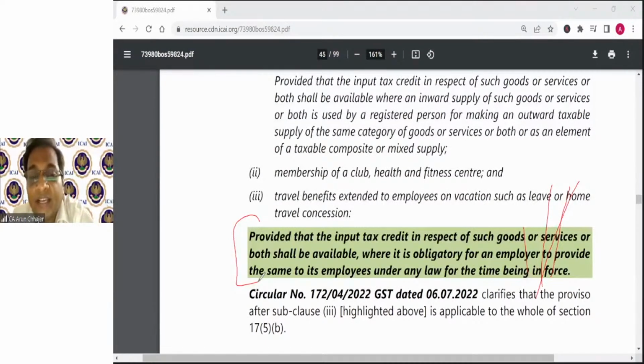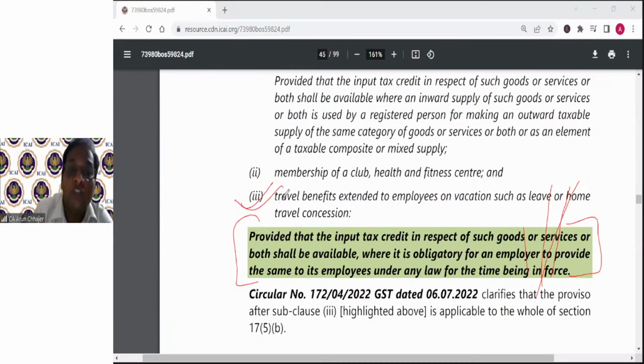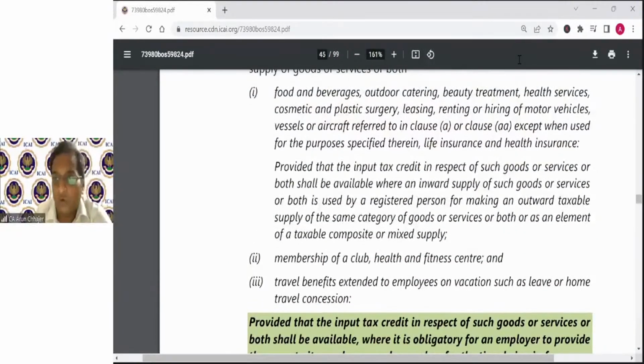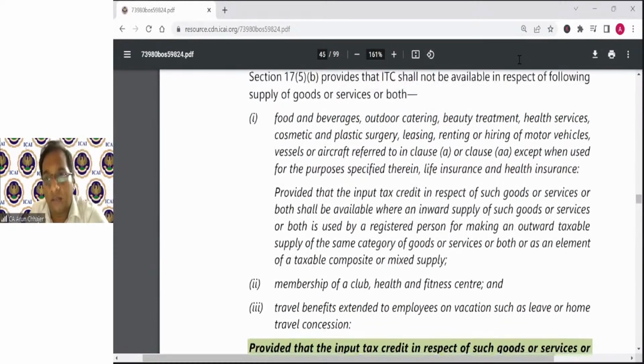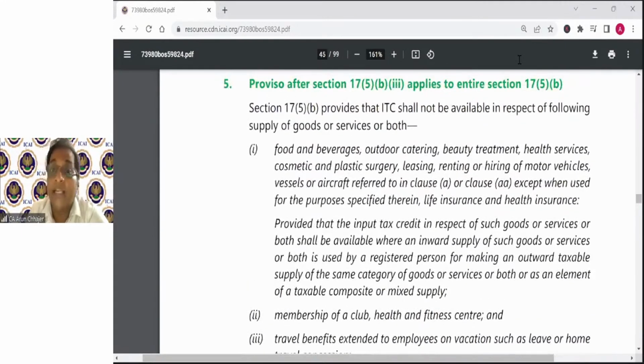What they were taking is that this proviso, the compulsion of law, was applicable only to those travel benefits. So they were saying if the travel benefit is compulsory by law, you can take the ITC. It means they were also interpreting that this proviso, compulsion by law for employer to employee, is not for sub-clause 1.